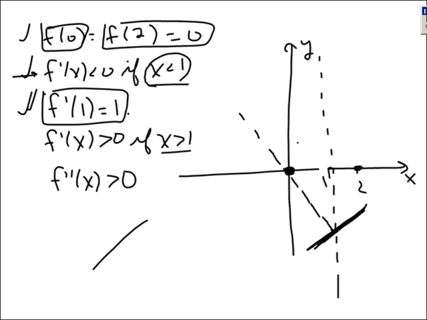You'll see what I mean in a moment if you don't get it yet. When x is bigger than 1, the slopes are positive. I have to cross that too. There we go. We dealt with this one.